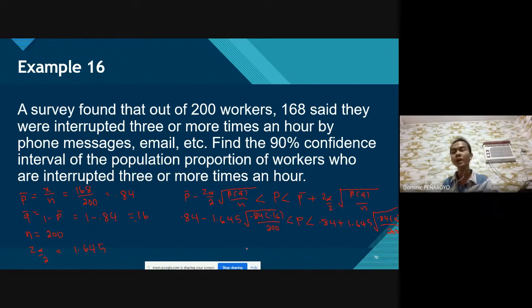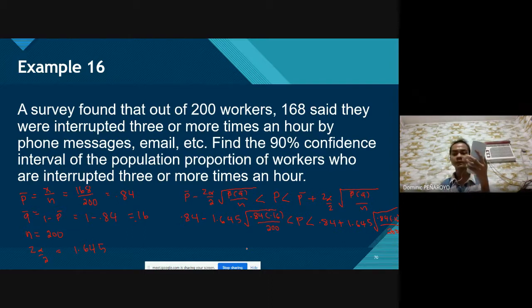So, using your calculator, type lang natin 0.84, hindi naman kayo magmamano-mano, mayroon kayo calculator, so hindi na kayo mahirapan. So 0.84 minus 1.645 times square root of 0.84 times 0.16 over 200.